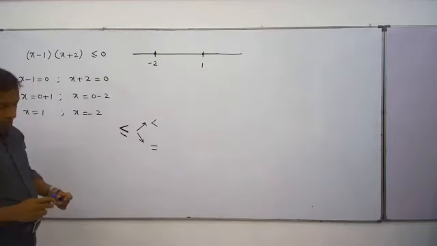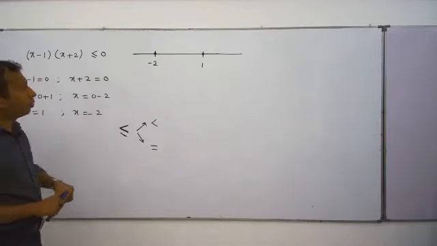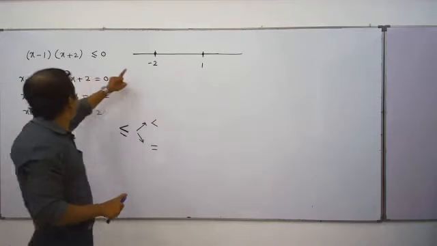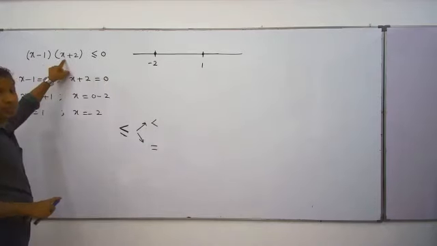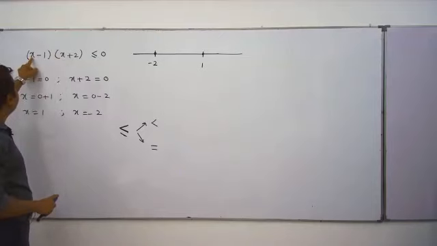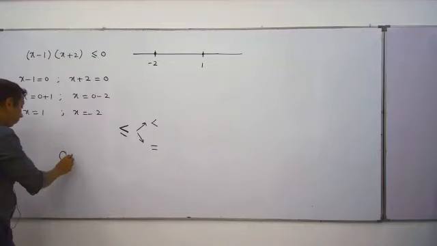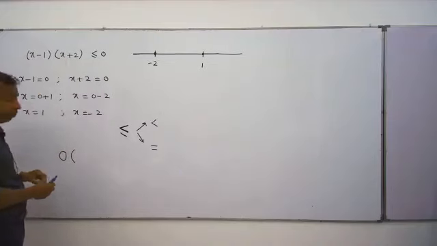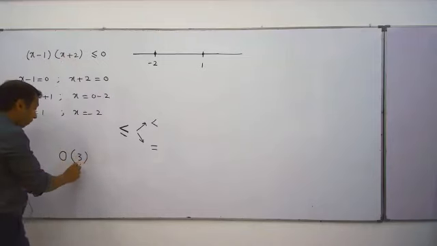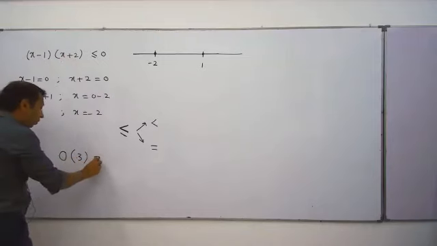The reason is, when we put 1 for x here, 1 minus 1, this bracket is 0, and 1 plus 2, the bracket is 3. 0 into 3, the product is equal to 0.